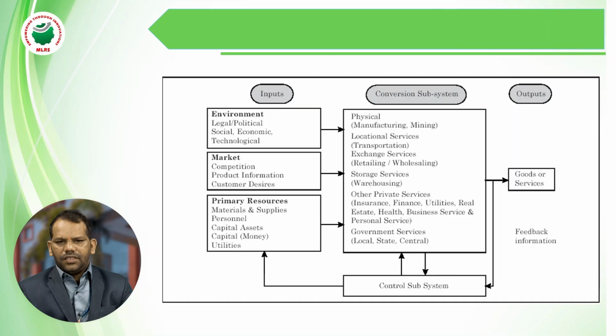So here we are discussing the flow of the production process: input factors, conversion system, output. Input factors are environmental factors, legal or political, social, economic, technological. With updated technology, we are implementing the production process. At the end of the day, they are getting the desirable quality of output from the business operations.